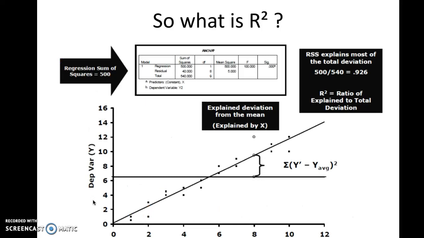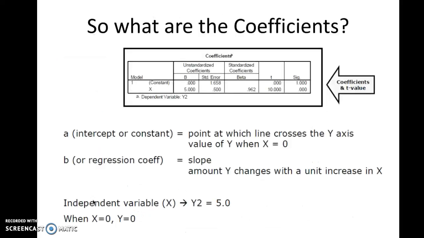Okay? Again, we've showed you some of the math behind this. Let's go into the other box that's really important in your SPSS output, and we're going to run some in a minute so you can see it in action. What are the coefficients? In the coefficients box, really there are only 3 things to pay attention to. You have the constant, or what we call the intercept, the point where the line crosses the y-axis when x is 0.